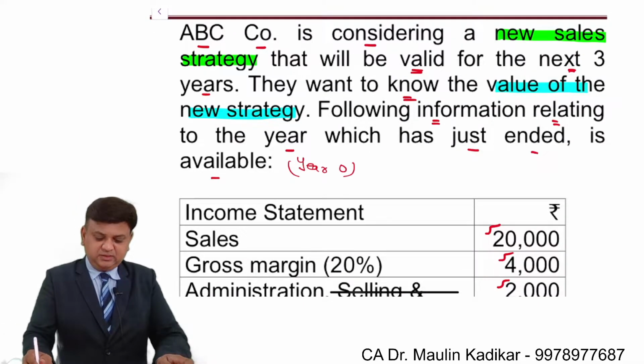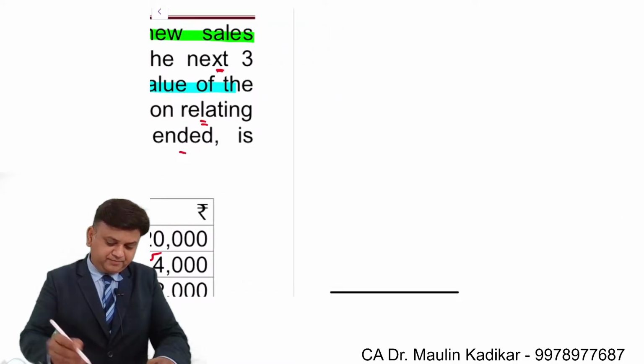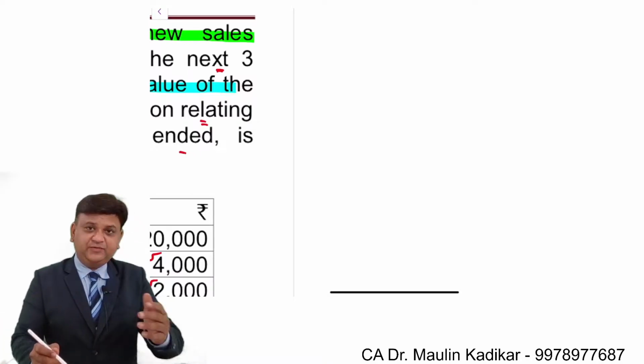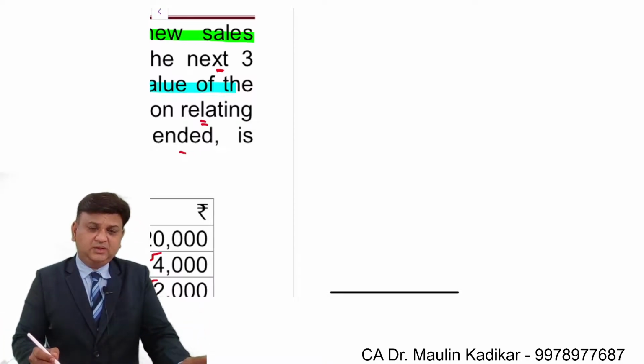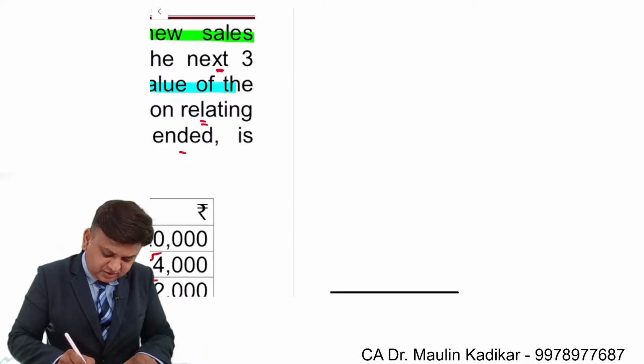Dear students, as far as the valuation is concerned, we have the different methods of valuation. Do not write anything, let me explain to you. We have a term called valuation of the equity and we have a term called valuation of the firm.